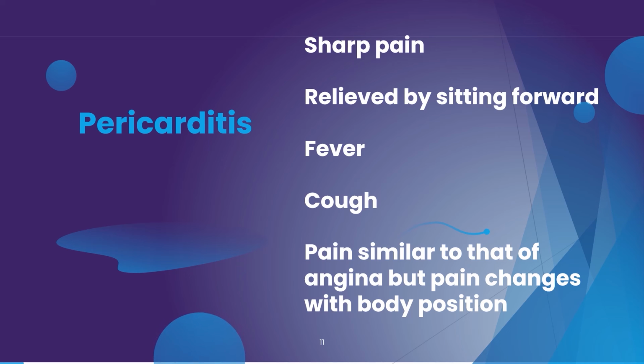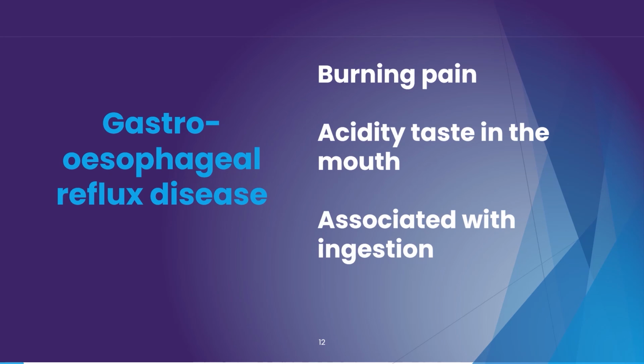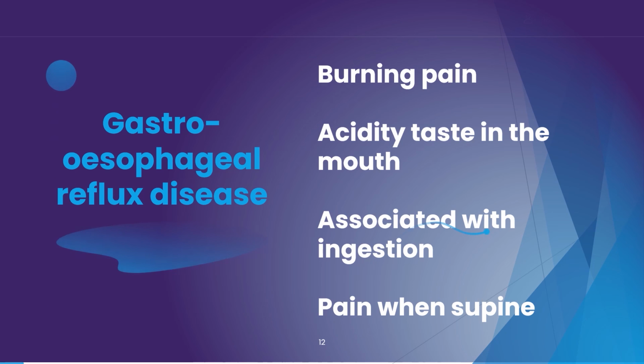So these all are life-threatening conditions, and another non-fatal condition is gastroesophageal reflux disease. Usually there's a burning pain and acidity that can be tasted in the mouth, and it can be associated with ingestion, and usually the patient complains that he's getting pain when in supine position. That's about gastroesophageal reflux disease.